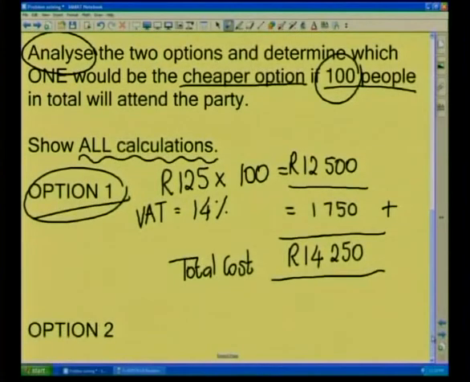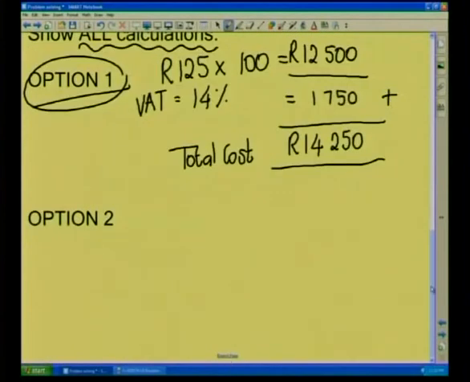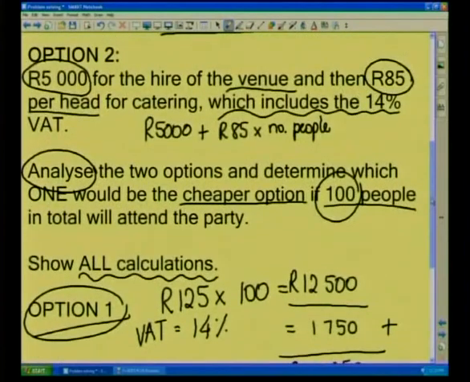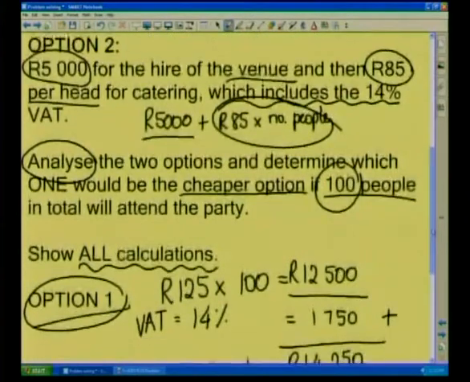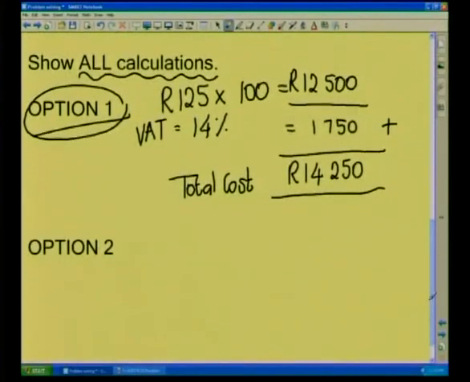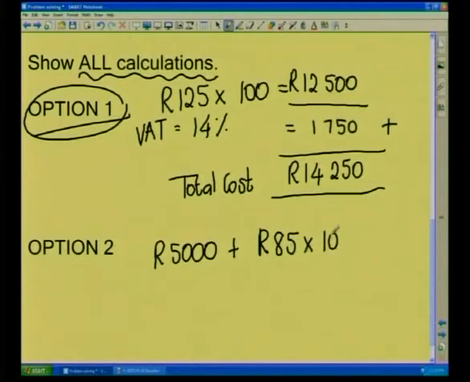Option 2, remember we had to pay for our venue as well as 85 Rand per person, but we didn't have to add on VAT. So our venue was 5,000 Rand, and we need to add on 85 Rand per person, and remember this time we've also got 100 people.